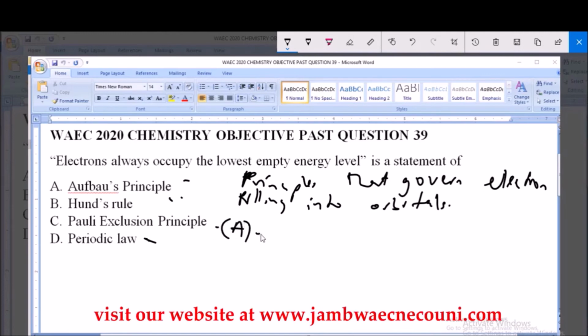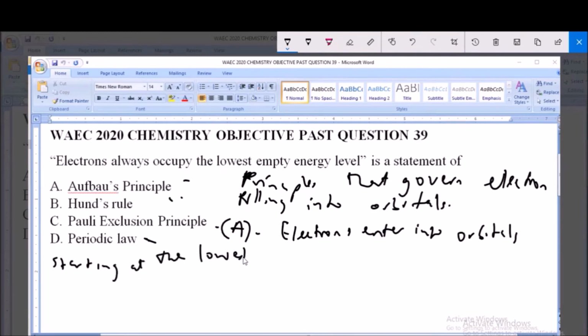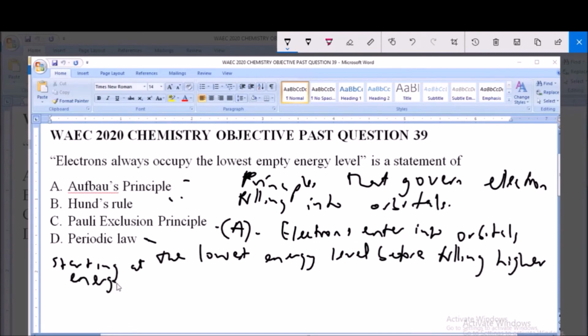Now, option A, Aufbau's principle, states that electrons enter into orbitals starting at the lowest energy level before filling higher energy levels.